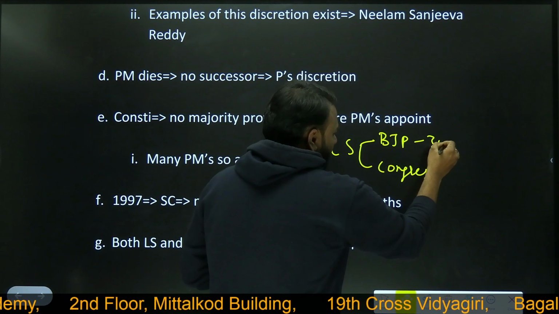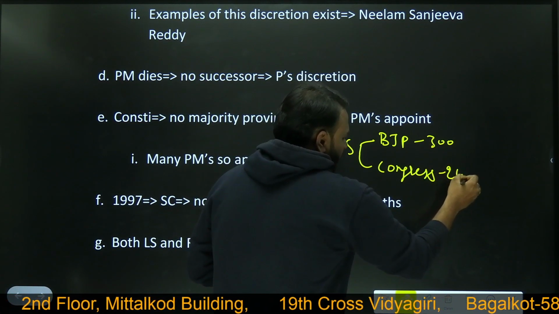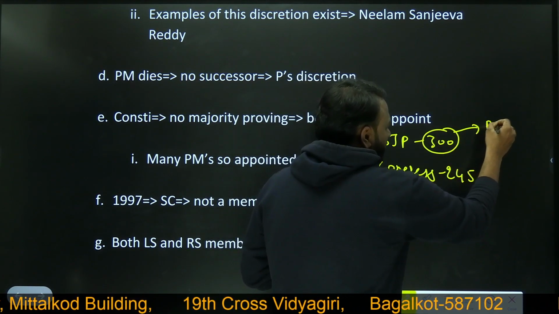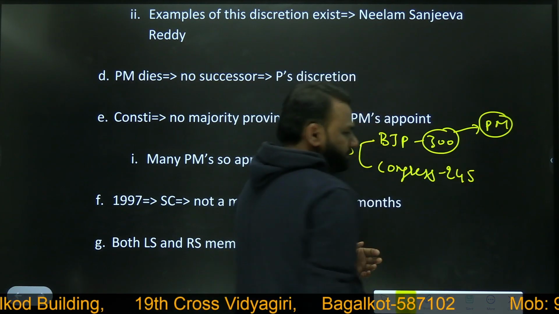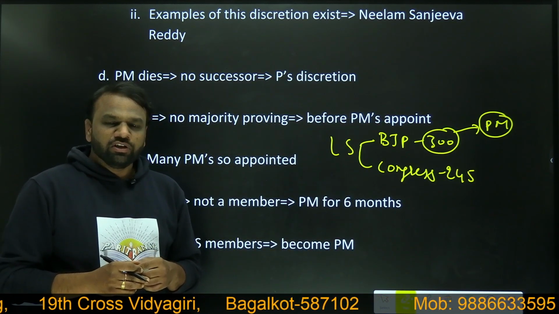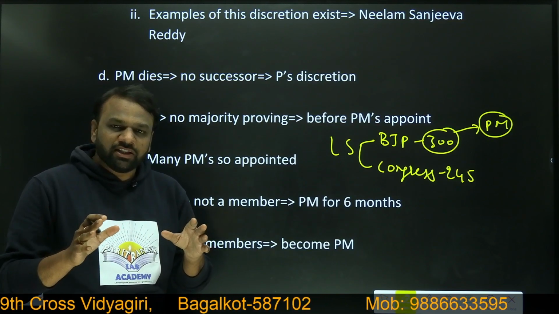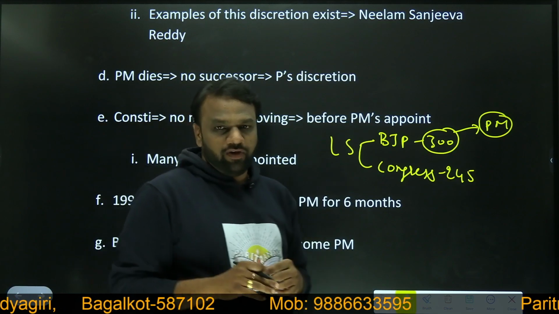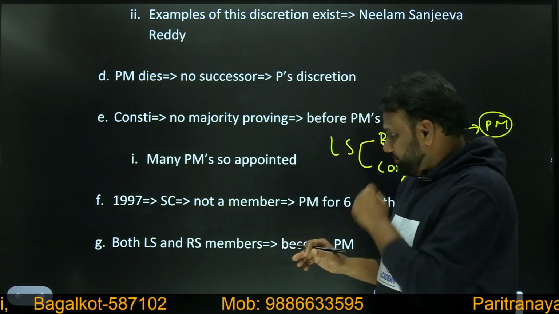Okay, so 300, 245 for example. So a person among these 300 people, one will become Prime Minister. So before being appointed as Prime Minister, whether a person has to show the strength that he has the support of minimum 273 members? Not required. Okay, not required. So that itself is indicated here.